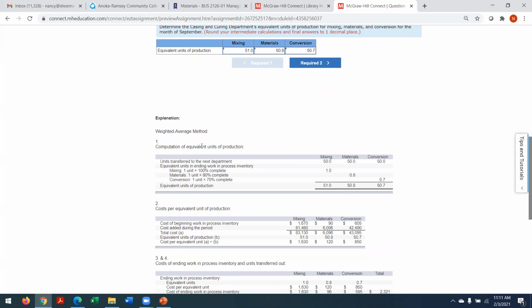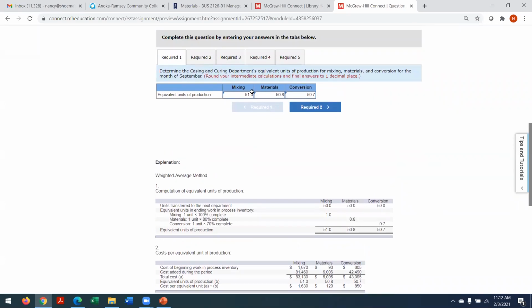So we're going to use the ending work in process based on the percent completed to see the equivalent units of production. Under mixing, it's 51. Under materials, 50.8. And for conversion, 50.7. I'm going to let this sit up for a minute so you can get that in.